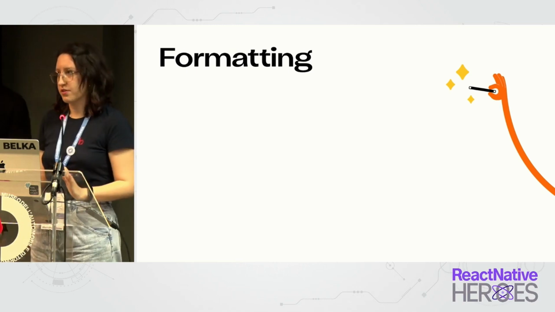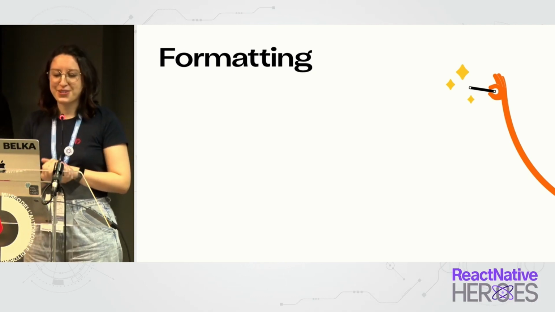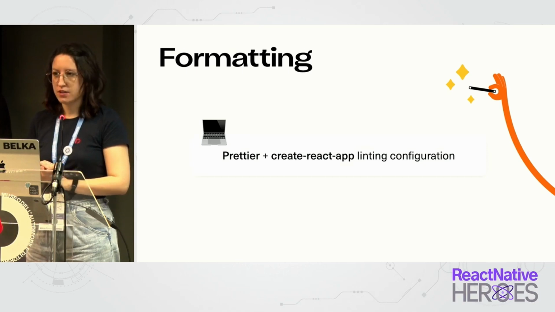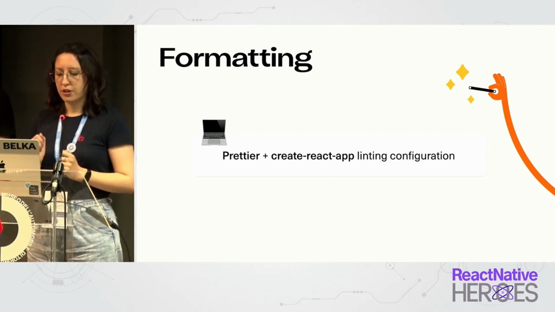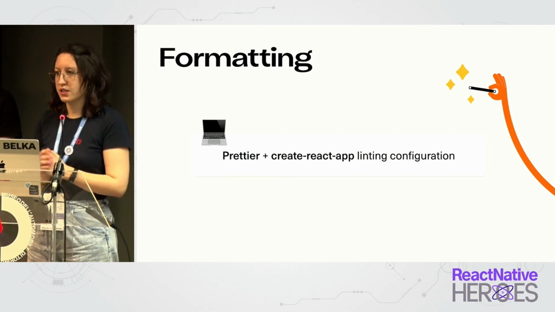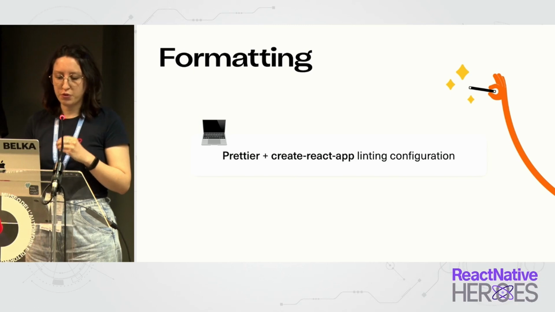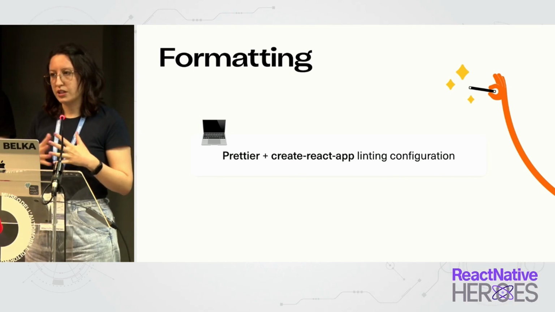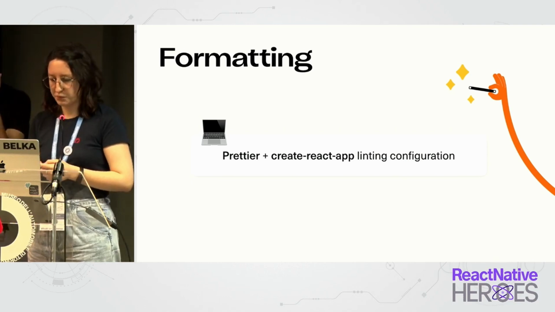So, first things first, formatting, a very important part to configure, especially if you're working in teams. We chose Prettier, which is basically a standard for both mobile and web environments. For linting in the web, we chose Create React App for the configuration because its basic configuration can be extended depending on our needs, and we didn't want anything too strict like the Airbnb linting configuration.